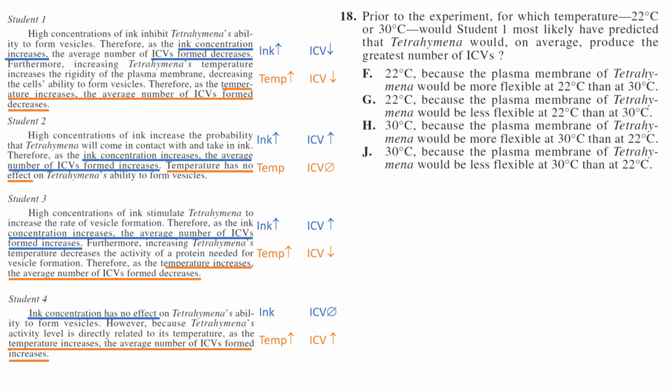Number 18. Prior to the experiment, for which temperature, 22 or 30 degrees Celsius, would student 1 most likely have predicted that tetrahymena would on average produce the greatest number of ICVs? So student 1 says as temperature goes up, ICV goes down. So we want the greatest number, so it would be the lowest temperature, so 22 degrees. And why is that?